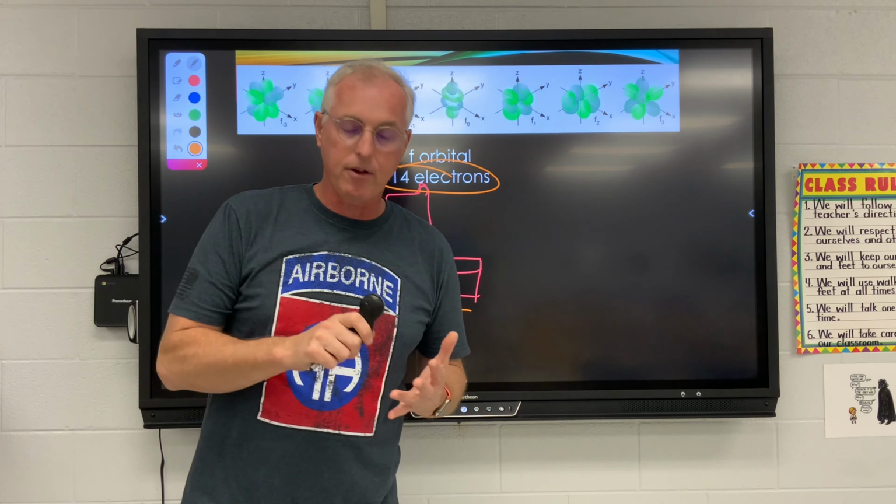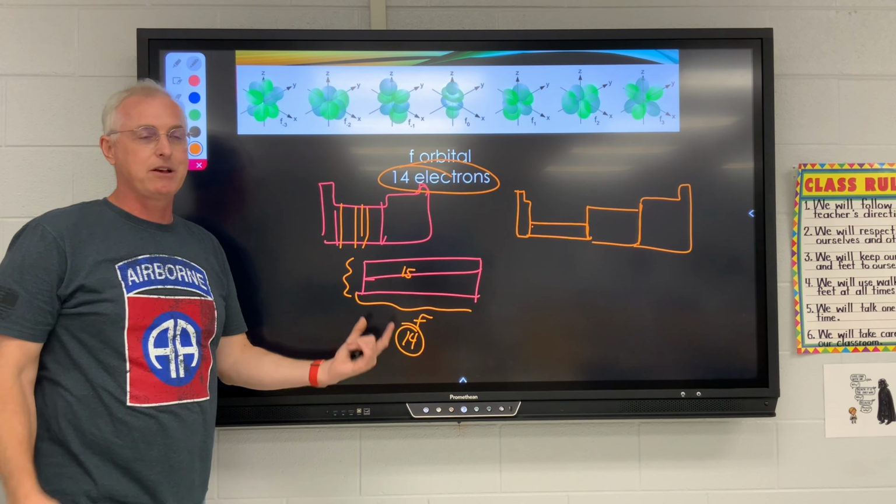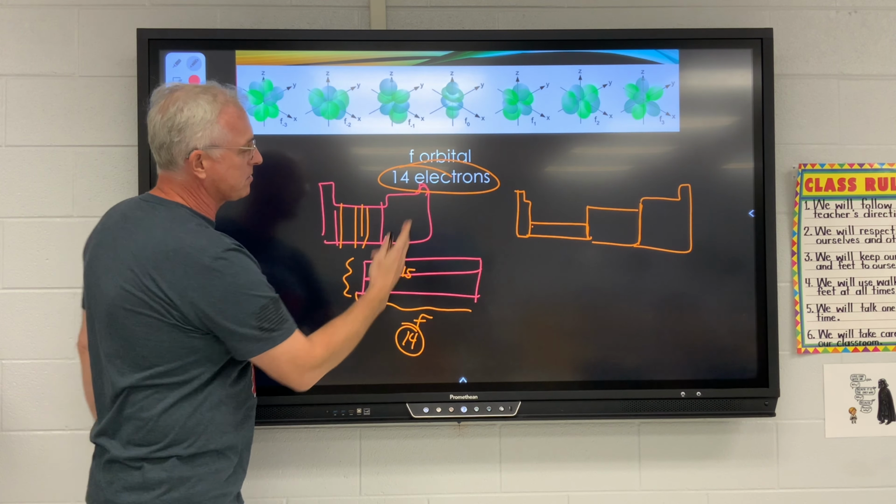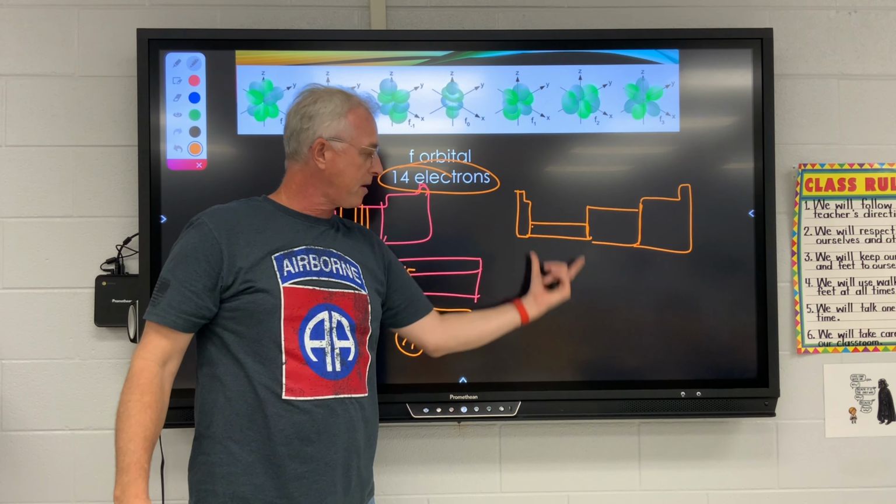Because the periodic table, we always display it in these two pieces, but in reality, the periodic table looks like this: S block, the F block, the D block, and the P block. The periodic table is supposed to be really, really long, but since the F block guys don't show up that much, basically what they did was they cut the periodic table off, shoved it together, and shoved the F block down at the bottom.